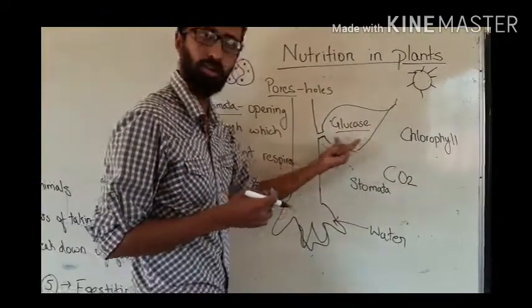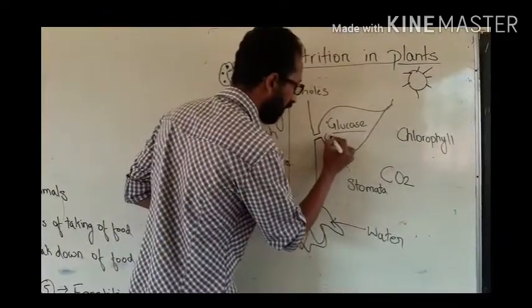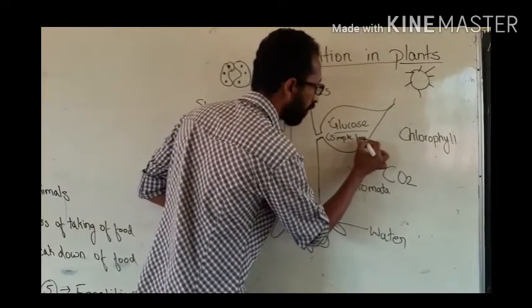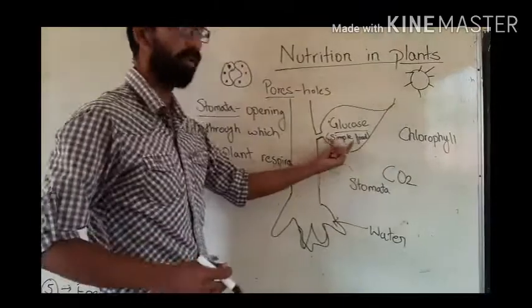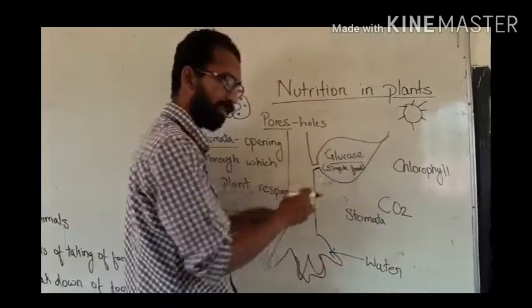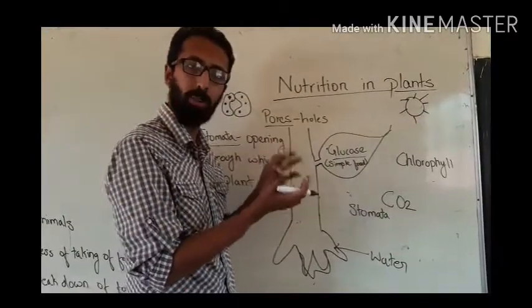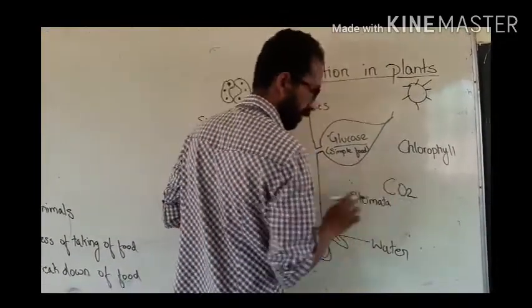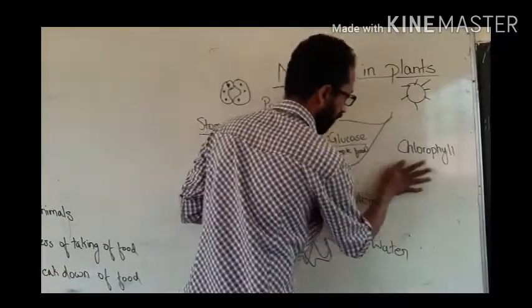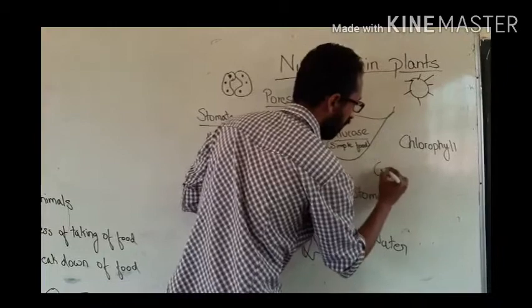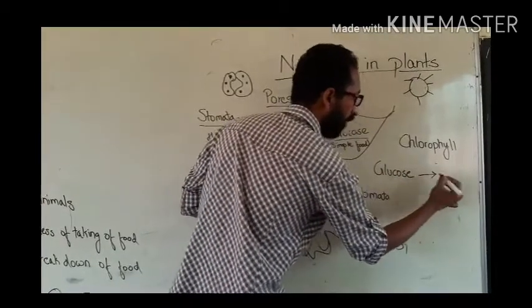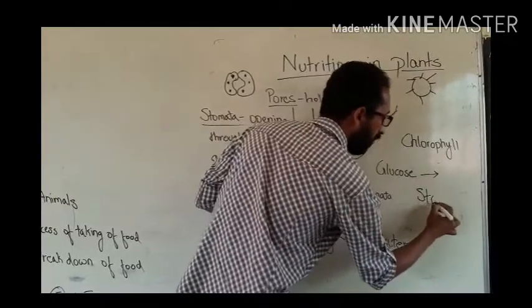Now glucose is the simple food compound formed by each and every plant. Many glucose molecules combined together form starch.